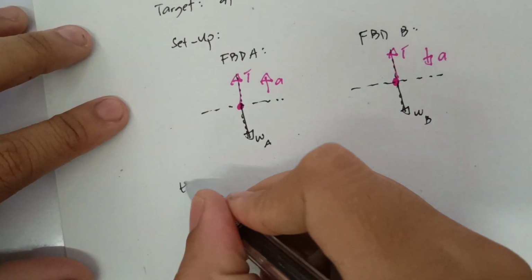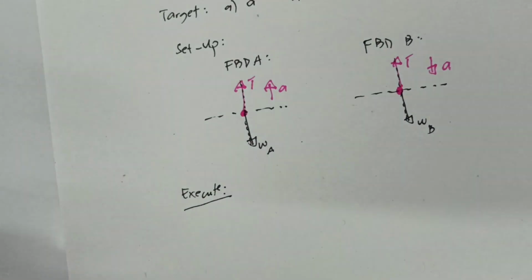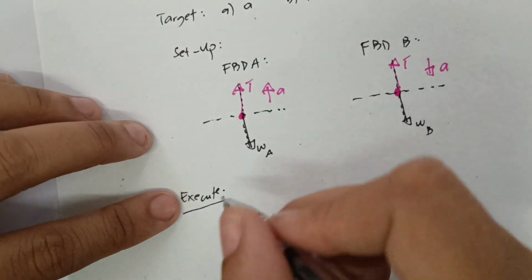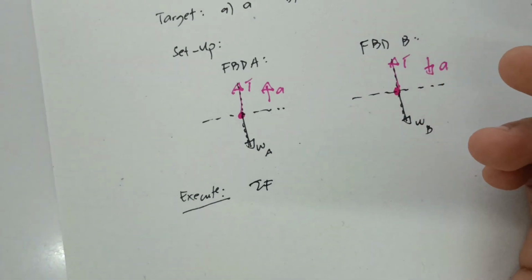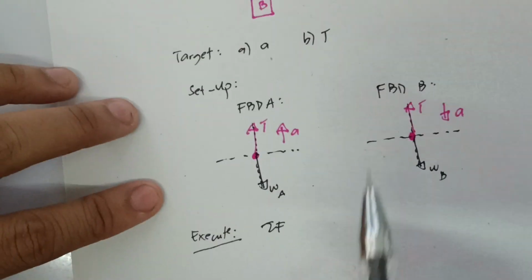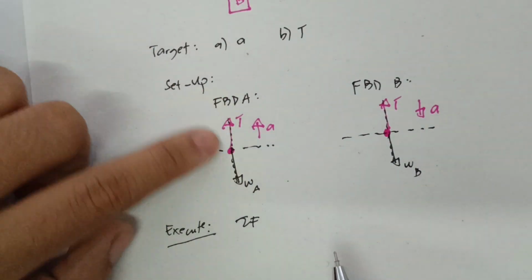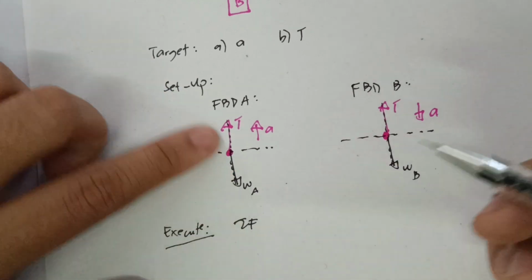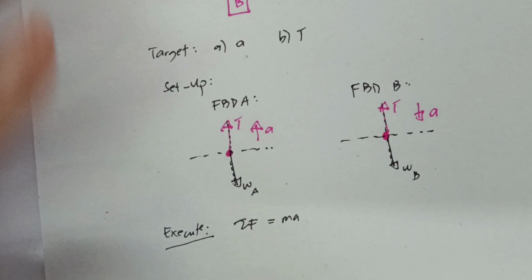Next is, ang gagawin natin is, after the drawing, we have to create an equation. So, dalawa lang yung pagpipilian natin. Summation of forces along X or along Y equals to 0, or summation of forces along Y. So, as you can see here, ang gagamitin natin is yung F equals to MA kasi merong acceleration. But ang tanong is, anong axis?